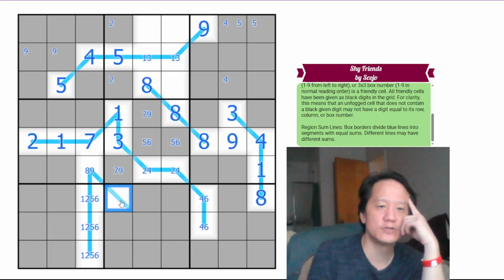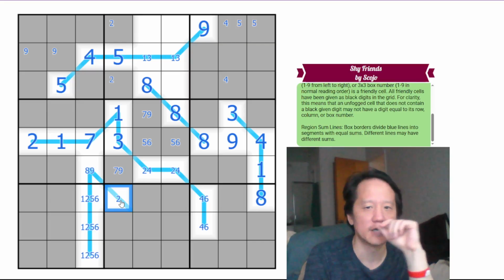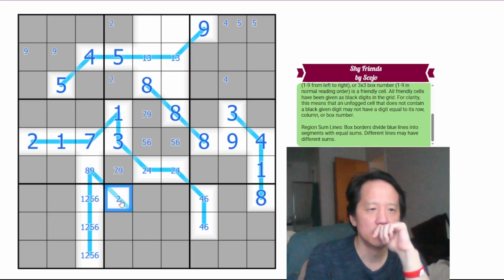So it cannot be 1, it could be 2, cannot be 3, cannot be 4 because 4 is in the column and it's not a friendly cell because it's not given. Can't match 5, could be 6, cannot match 7 because 7 is the row number. Could be 8.